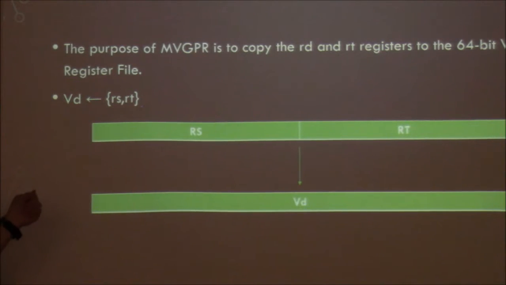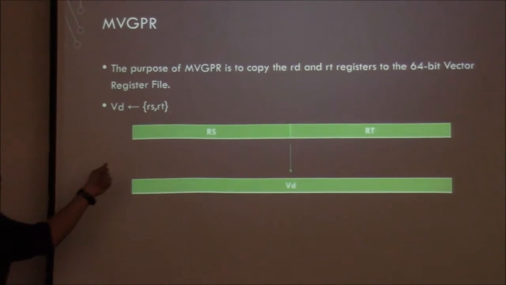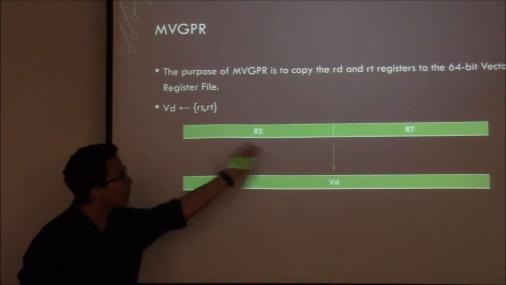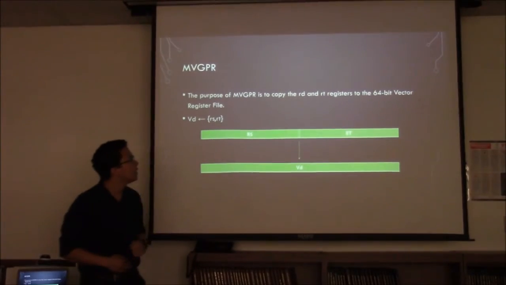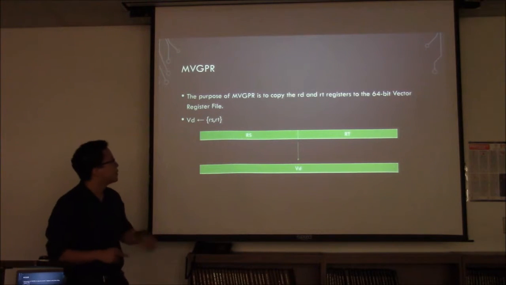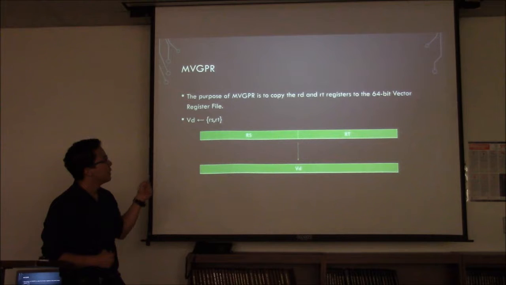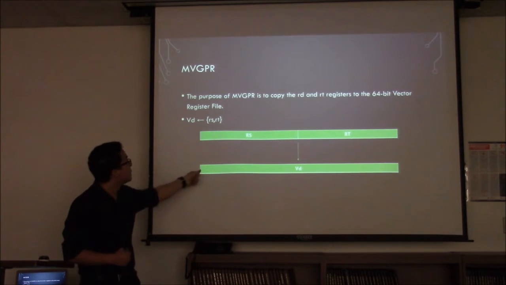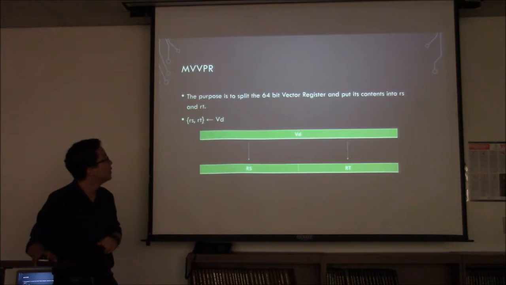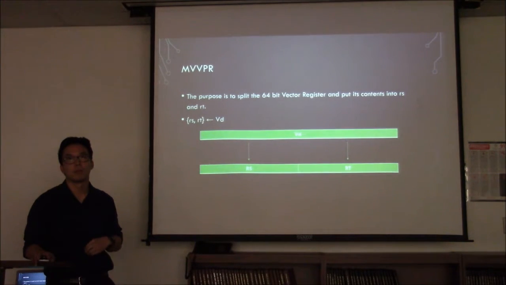So this is move vector general purpose register. You take the RS and the RT that you specified, concatenate them together, and store it into the vector register file. It's specified as VD. Do you have any RTL, or are you going to get to that level, or do you just have the general idea? I just have the general. Okay.